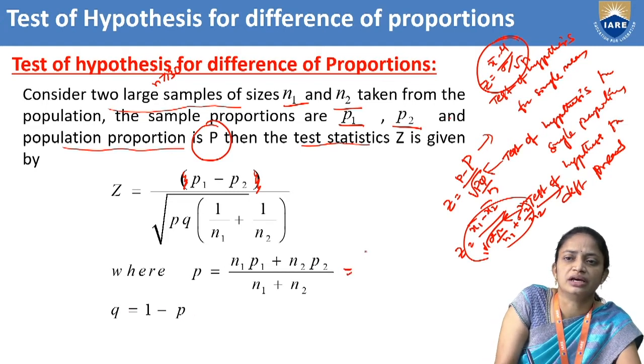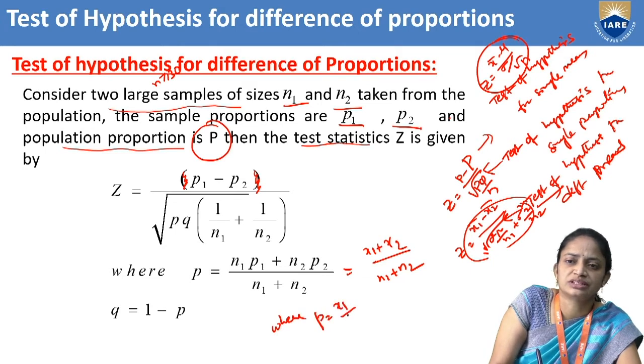Or you can write this as x1 plus x2 divided by n1 plus n2 also.